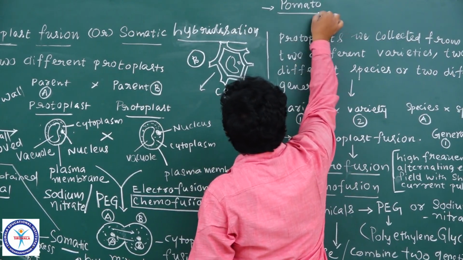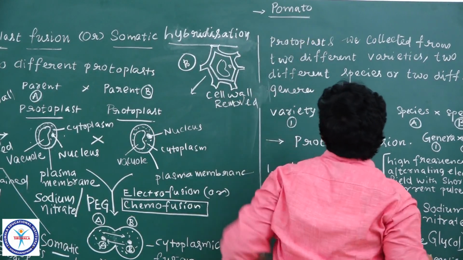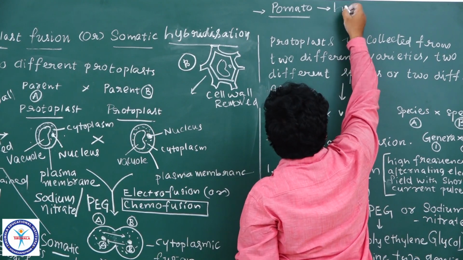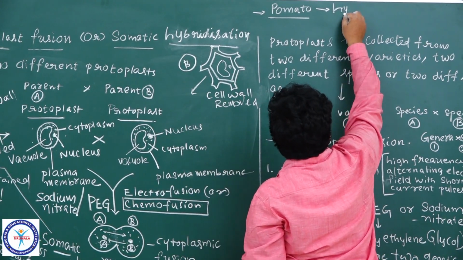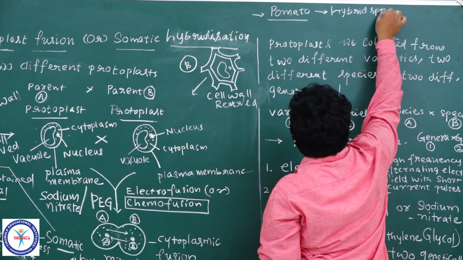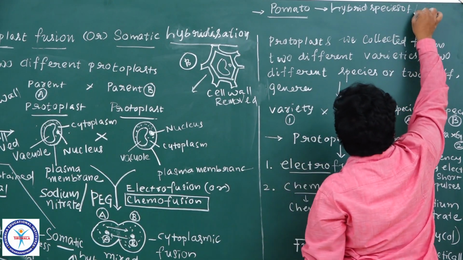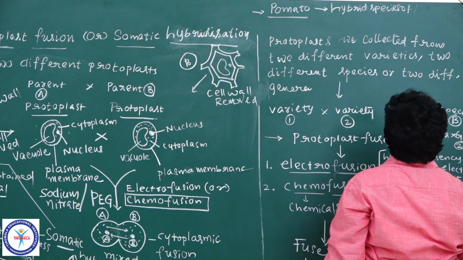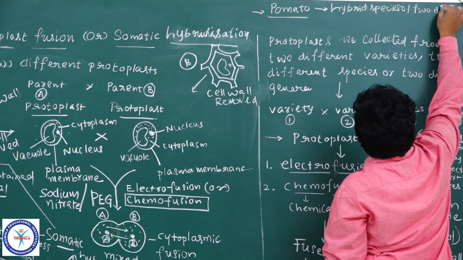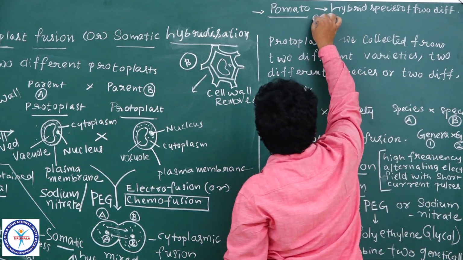pomato. Please remember pomato. Here two different genera are used. So pomato is a hybrid species of two different genera.